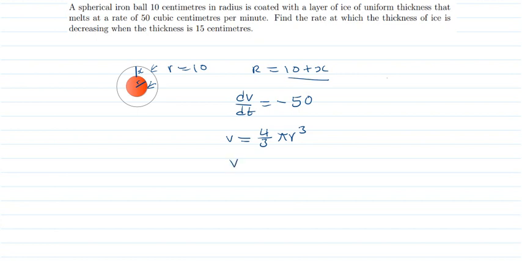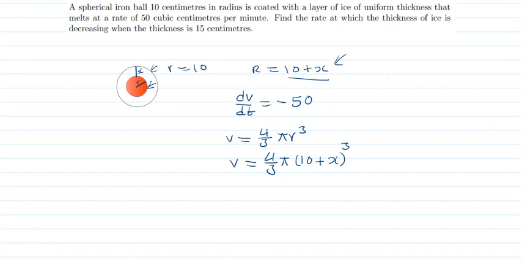So the volume of the iron ball and the ice is 4/3 pi, where the radius will be the sum of the radius of the iron ball and the thickness, which is 10 plus x, then to the power 3.